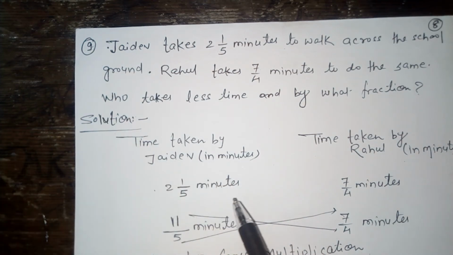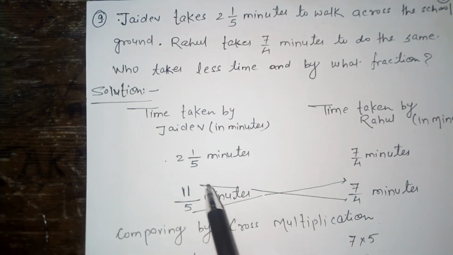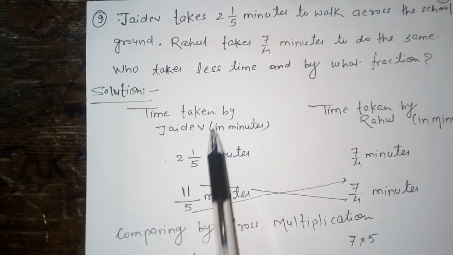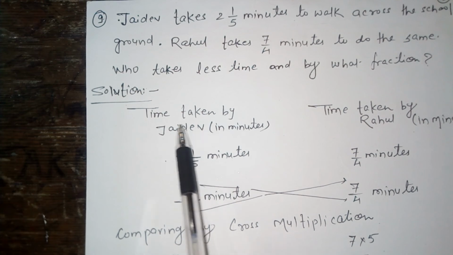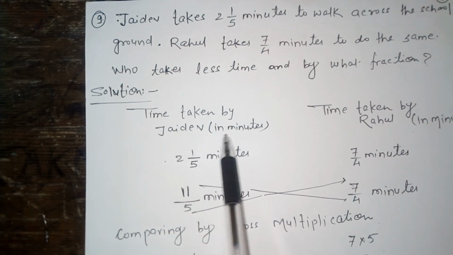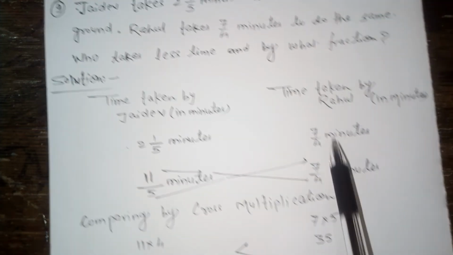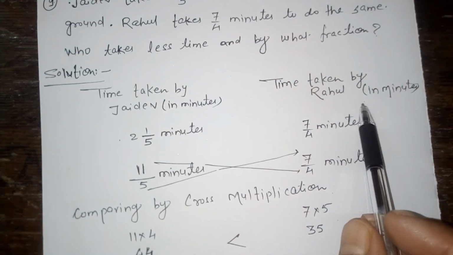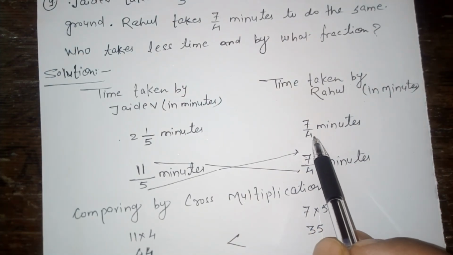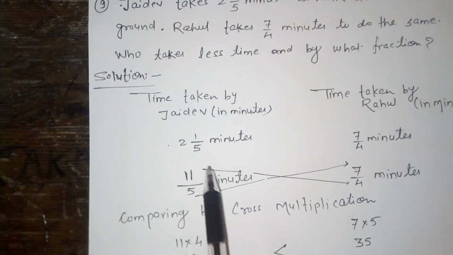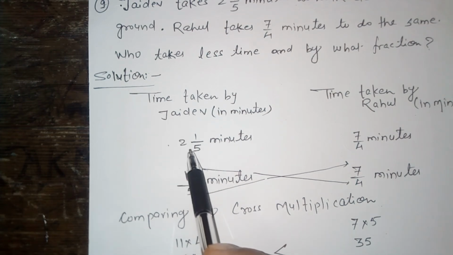So we will apply the same procedure. We will do a comparison between Jaydev and Rahul. Time taken by Jaydev in minutes is 2 and 1 upon 5, and time taken by Rahul in minutes is 7 upon 4. Now 2 and 1 upon 5 is a mixed fraction, and a mixed fraction is converted to an improper fraction.